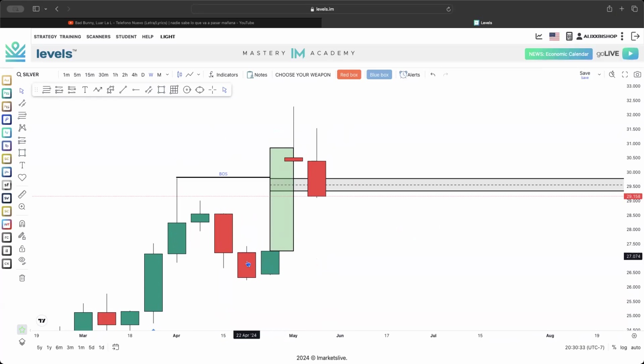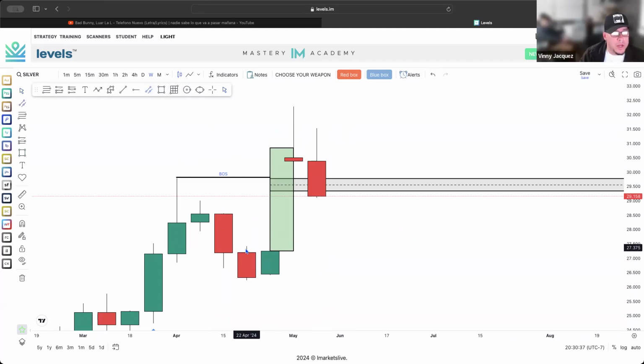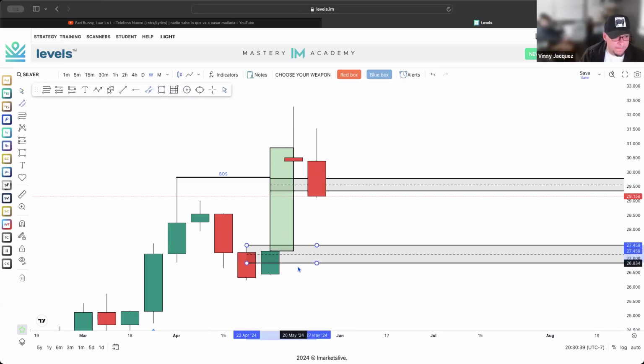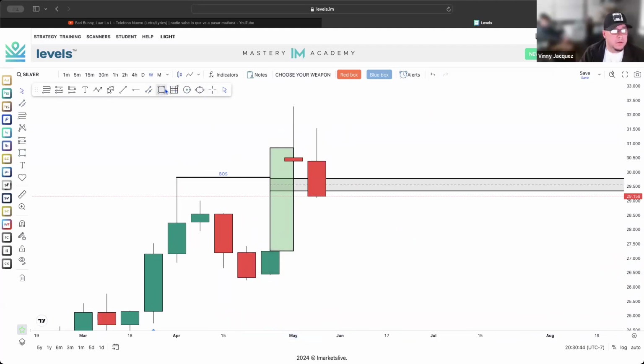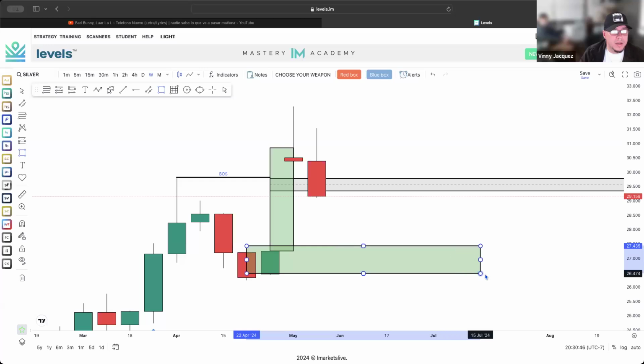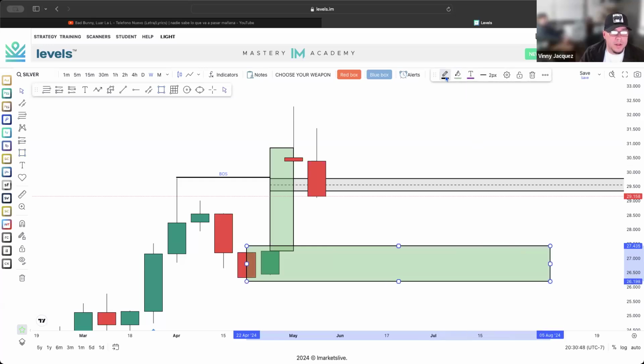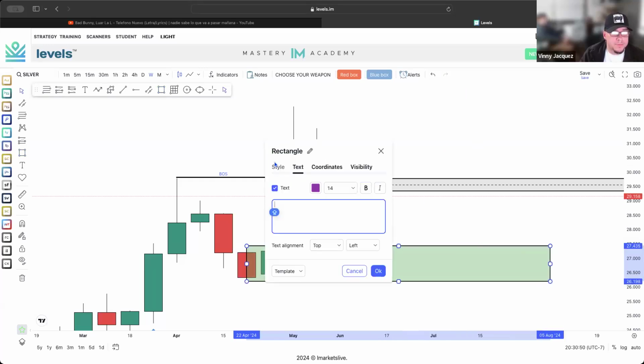Right here, right? Yeah. This right here is my weekly starting point. My weekly starting point is way down here, guys. So silver does have room to drop down.